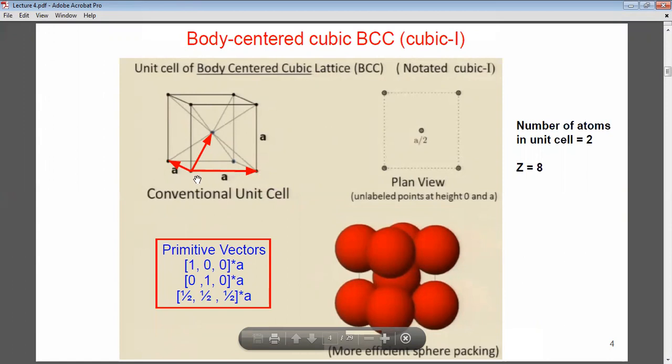So I go 1 in the direction of A, then I stop. The other one is 010, that is, first I don't move in this direction, then I move in this direction 1, and then I stop. I don't go upward. And the half half half, I go inward half and then upward half.